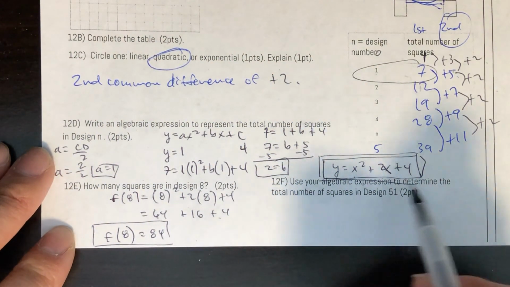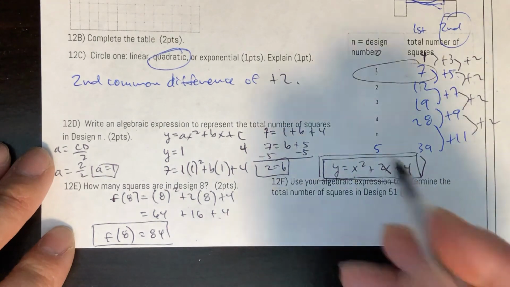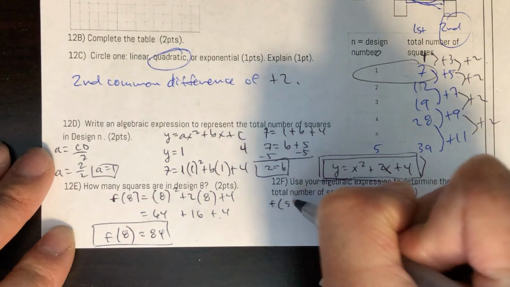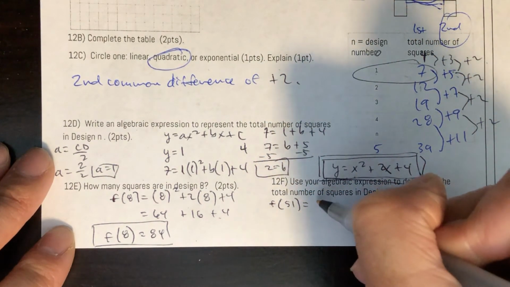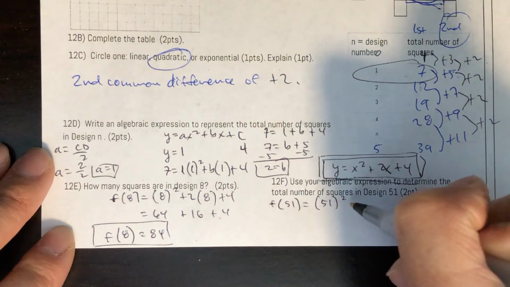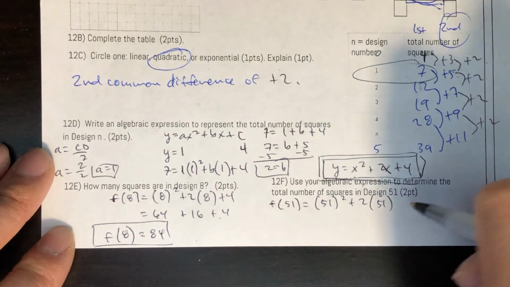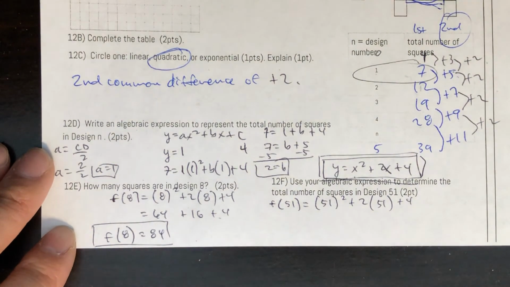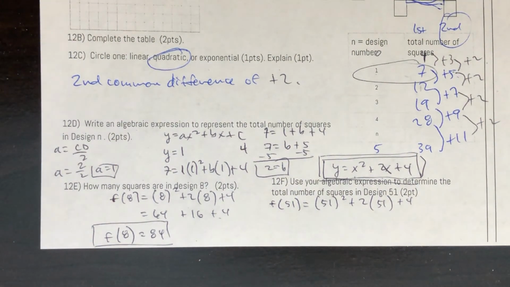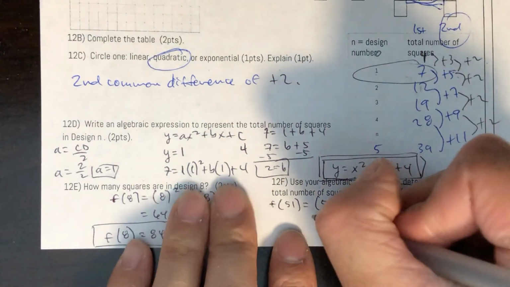Use the algebraic expression to determine the total number of squares in design 51. So design number is equal to x. 51 times 51 gives me 2,601.